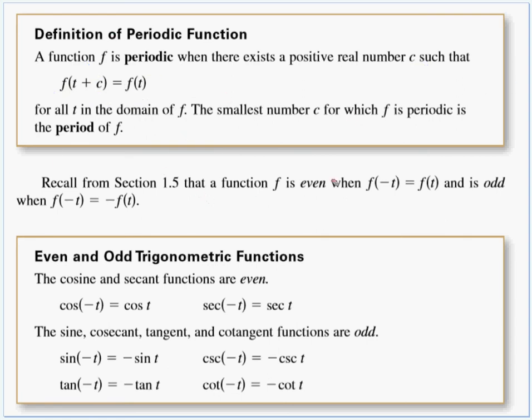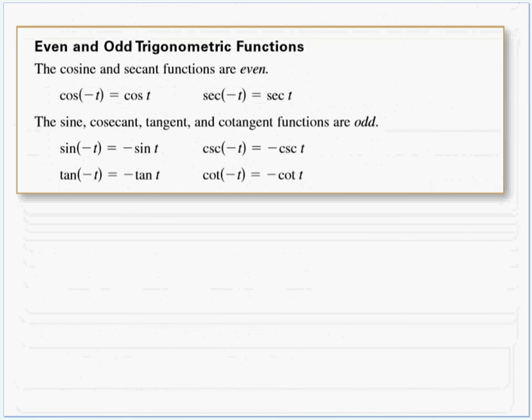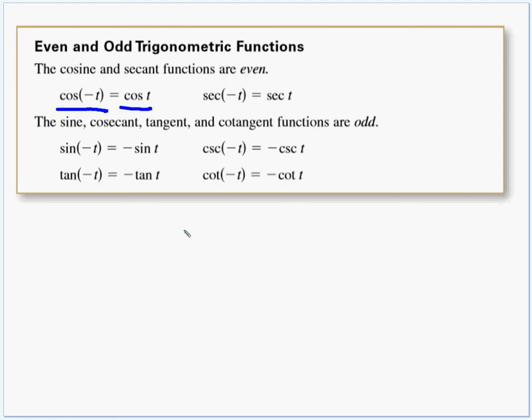Back in section 1.5, we did talk about even and odd functions and their symmetry. Trig functions are also even and odd. So here we've got cos of negative angle t is the same thing as cos of t. All the rest of them, it's sort of like this negative escapes.